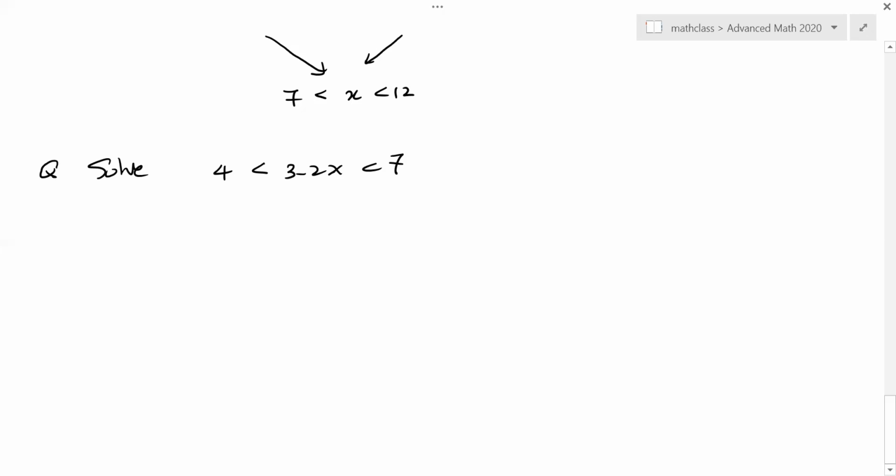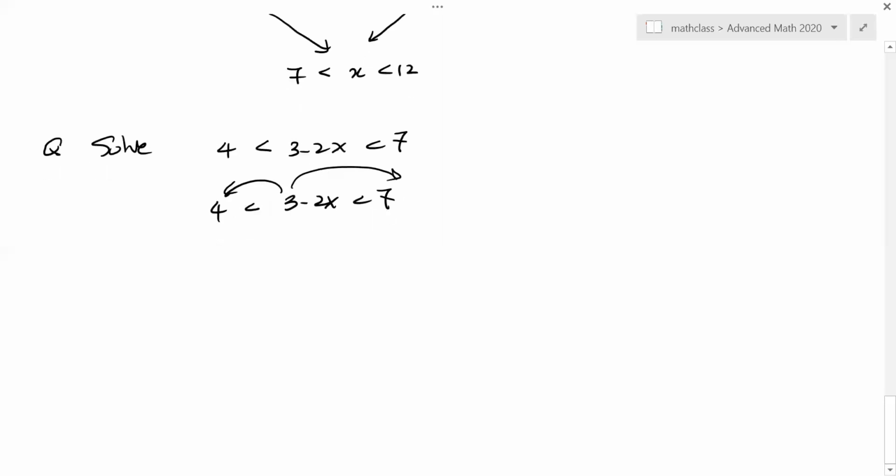You see, if you erase the x in the middle, can you still read it in the right order? So what I'm going to do is move 3 to both sides. I draw the picture here because otherwise we'll forget one side. So I get 4 minus 3 less than negative 2x less than 7 minus 3, okay?